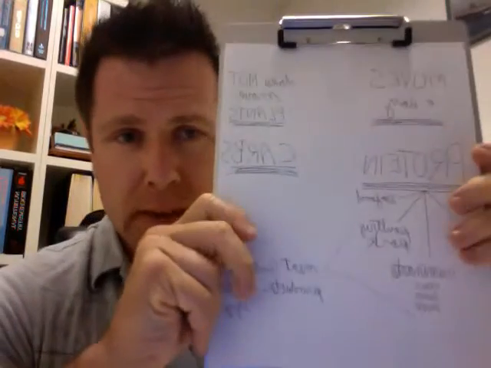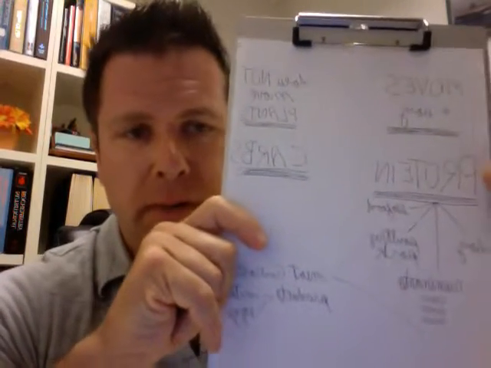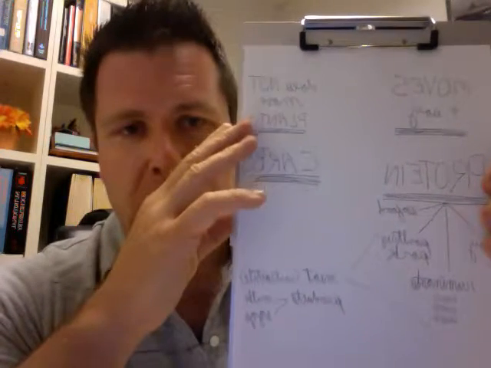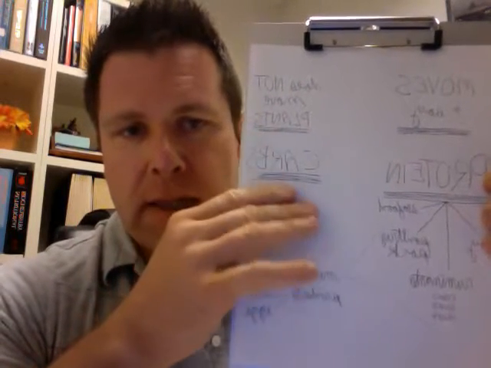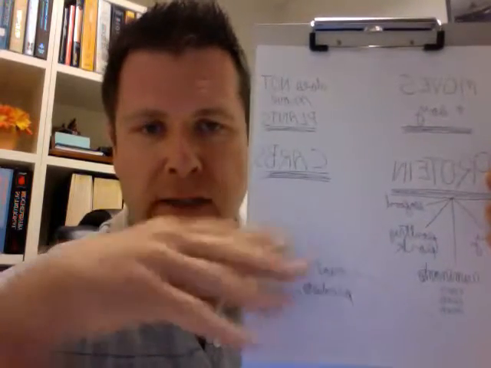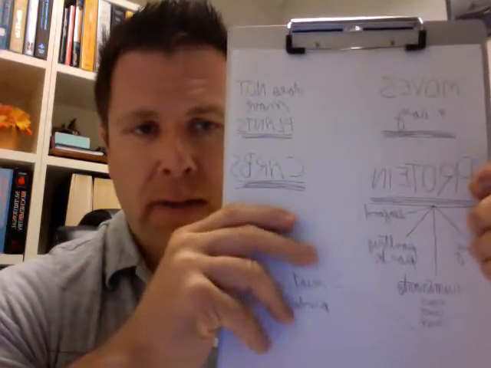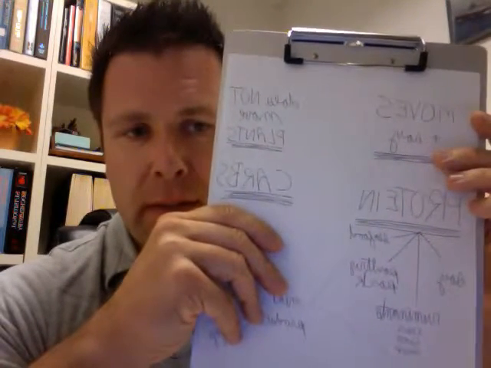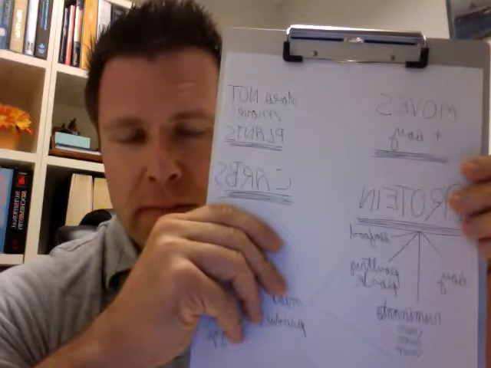So here's a simple way of thinking about the distinction between carbohydrate foods and protein foods. If it does not move, it's a plant, then it's made out of carbohydrates. More details on that in the next lecture. If it does move, or if it's soy, then it is a protein.